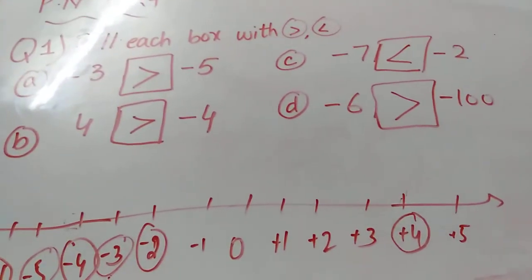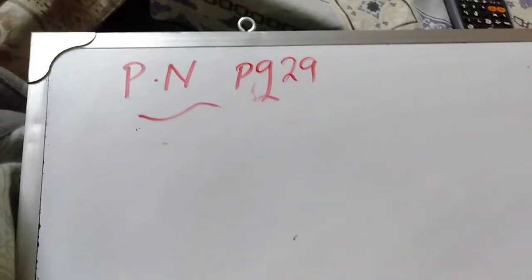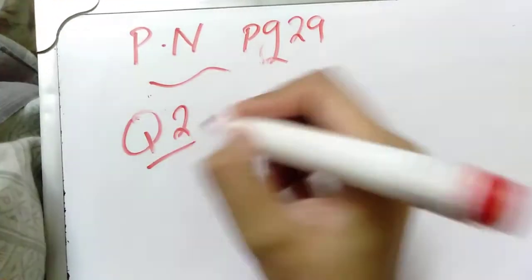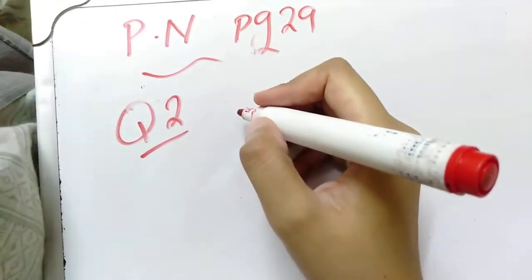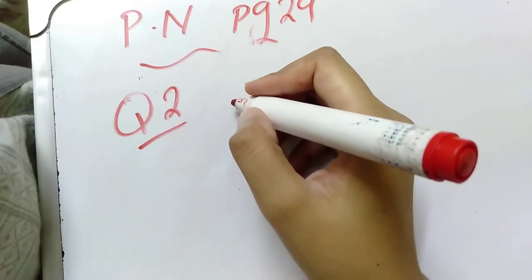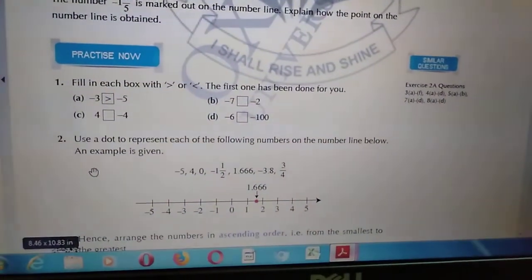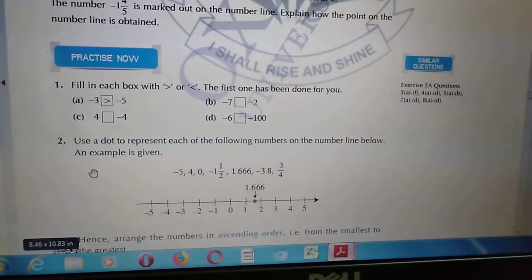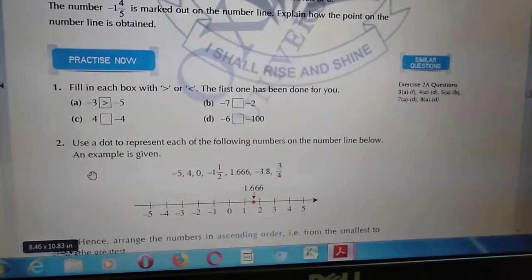Now we are going to solve question number 2 of practice now, which is on page number 29. It is given in our question that we have to use a dot to represent each of the following numbers on the number line below. An example is given.